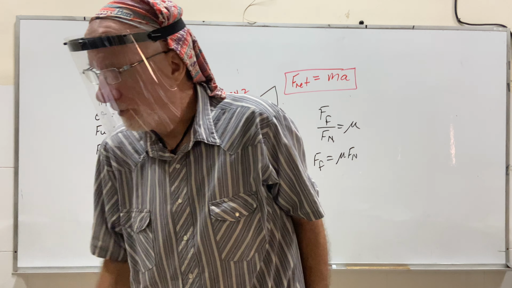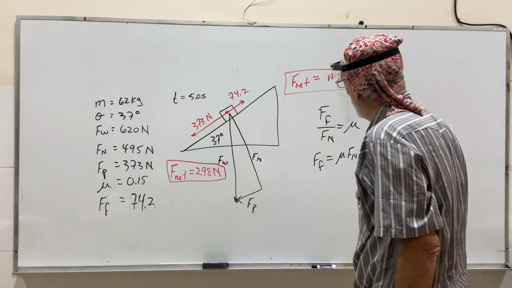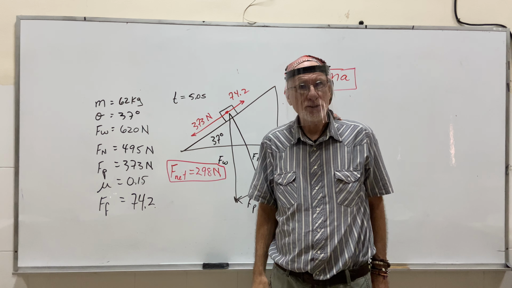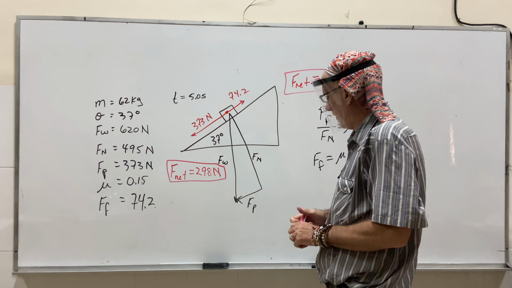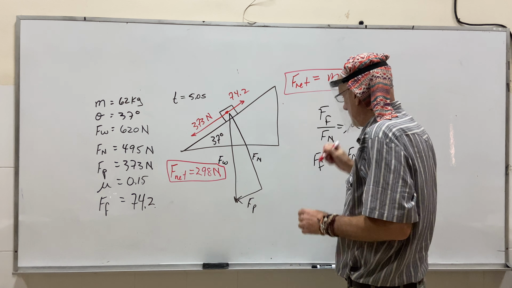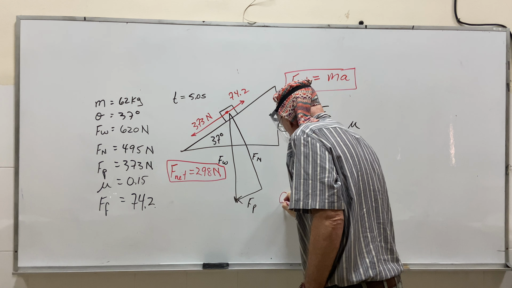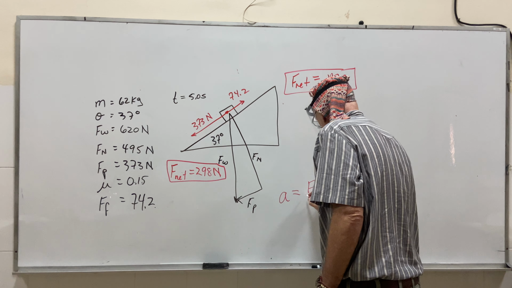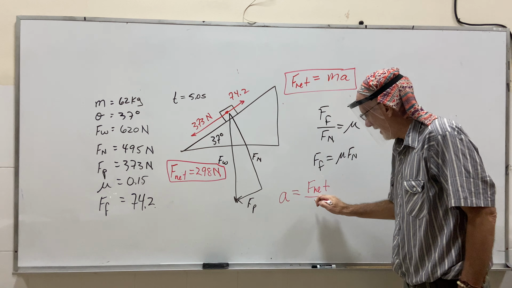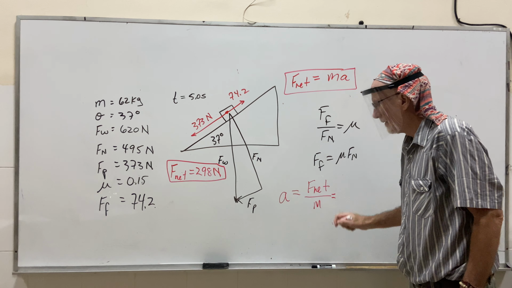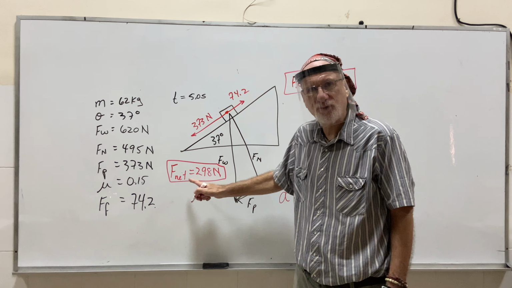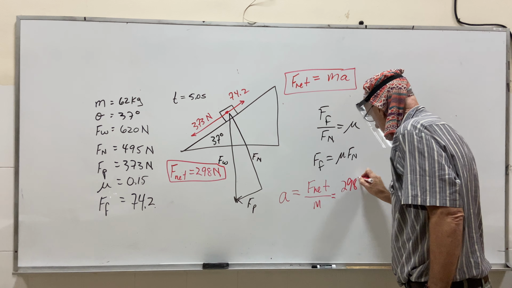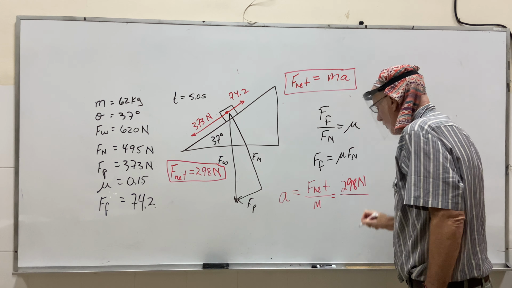Now, the skier's going to accelerate, isn't he? How much is he going to accelerate? Well, let's solve it. Acceleration equals the net force divided by the mass. I know the net force to be 298 newtons. What's the mass?